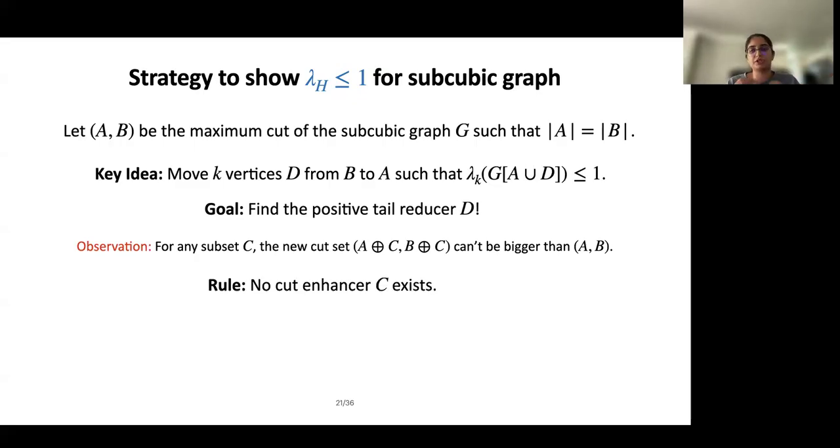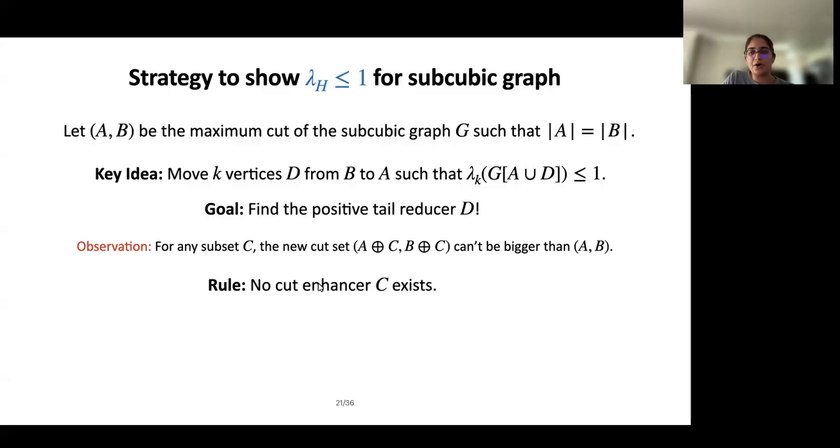So the rule is, whenever we're trying to achieve the goal of our game, we also always make sure that we cut the cases where you have a cut enhancer C, that is a set C, basically moving one vertex to the other gives us a larger cut set. Okay.